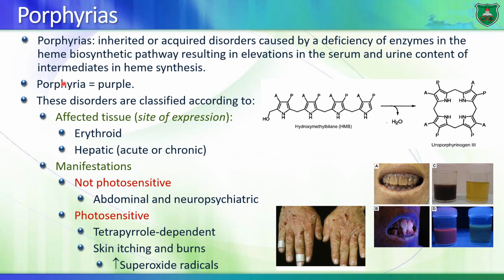Now, the disorders can be classified according to the affected tissue. Okay, so mainly we're talking about liver, skin, and erythroid tissue as well.